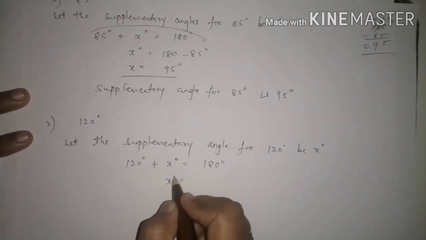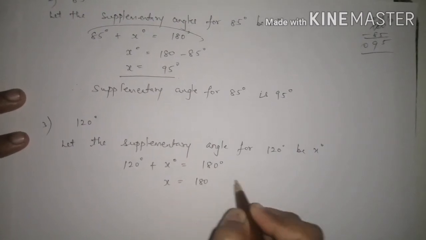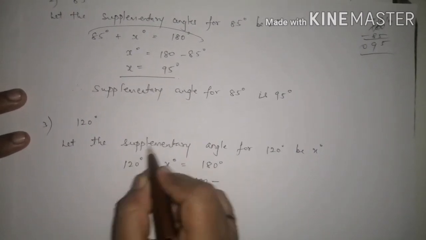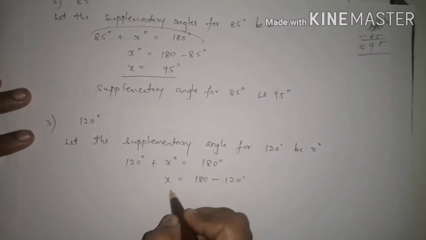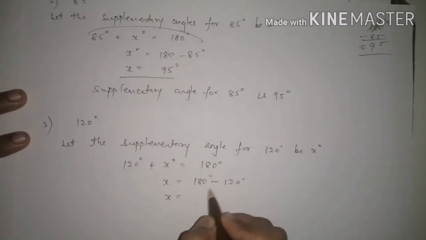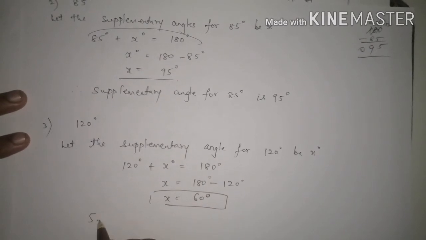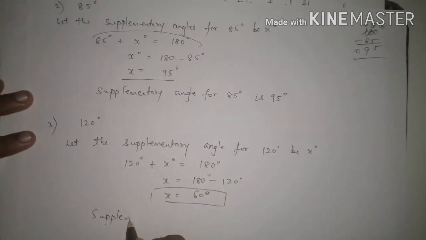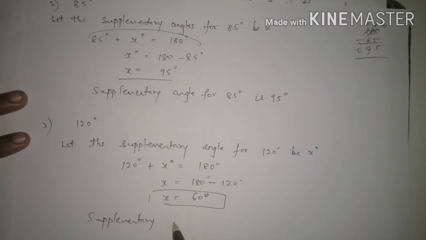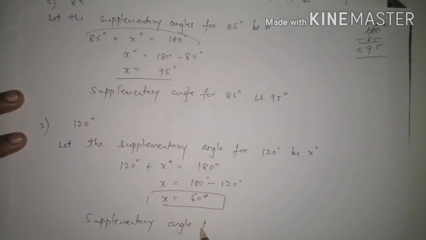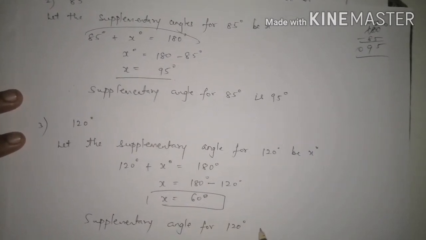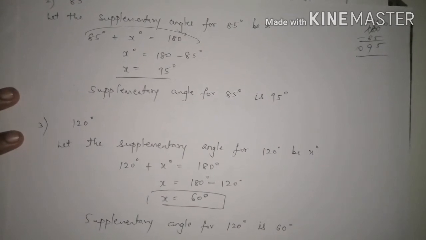So x is equal to 180 minus 120. So x is equal to how much? 60 degrees. So we got the supplementary pair as 60 degrees. So the supplementary angle for 120 degrees is 60 degrees.